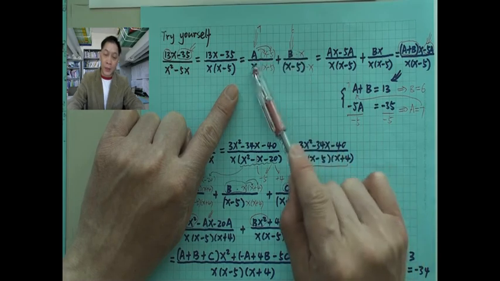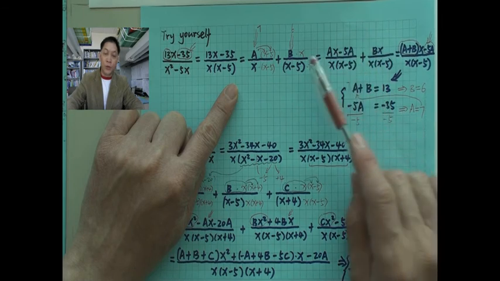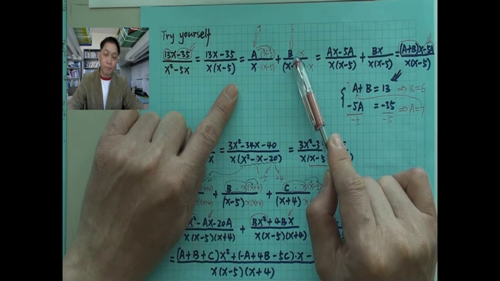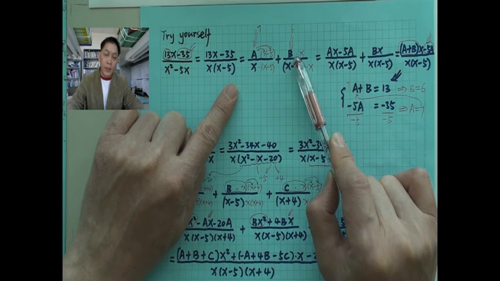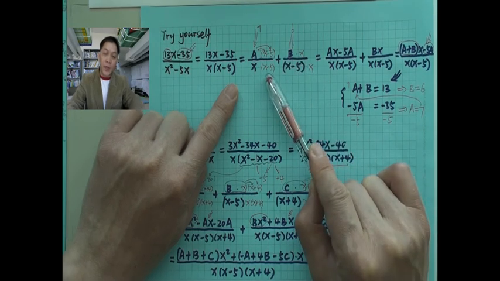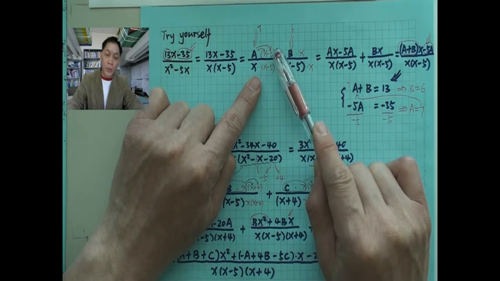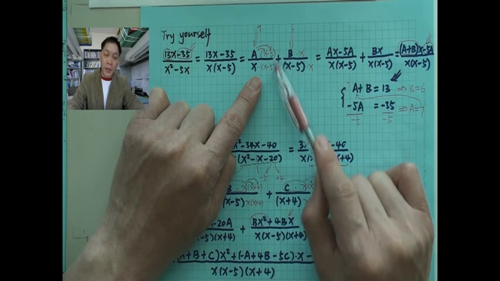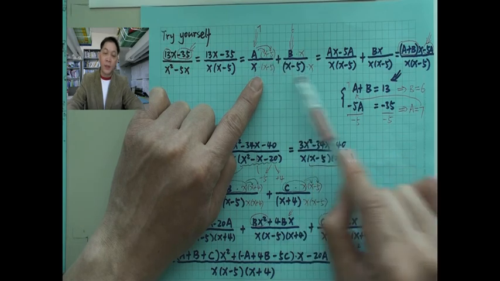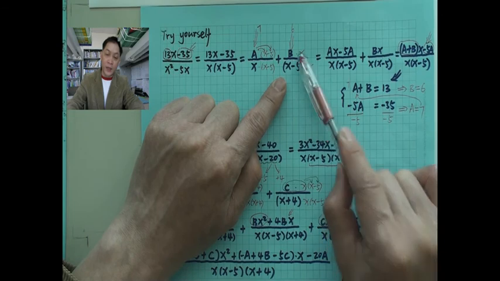Again, here a, b are the constants. You are going to find out the a, b. And again, in order to add those two together, denominator needs x minus 5 for this one. So both numerator and denominator multiplied by x minus 5. And this one needs to add together with that. This one needs x.